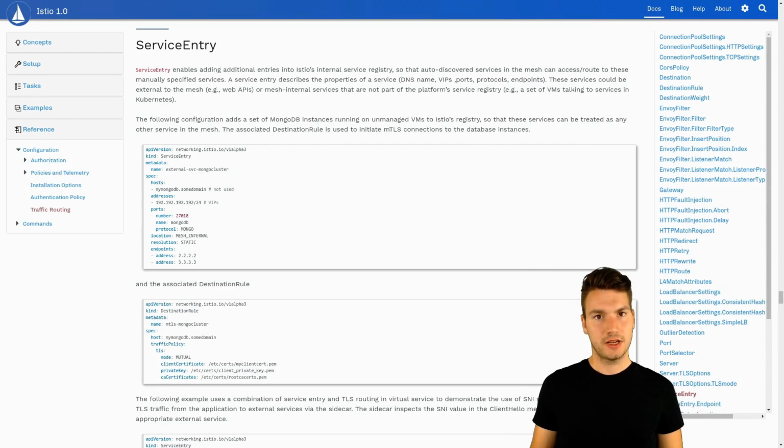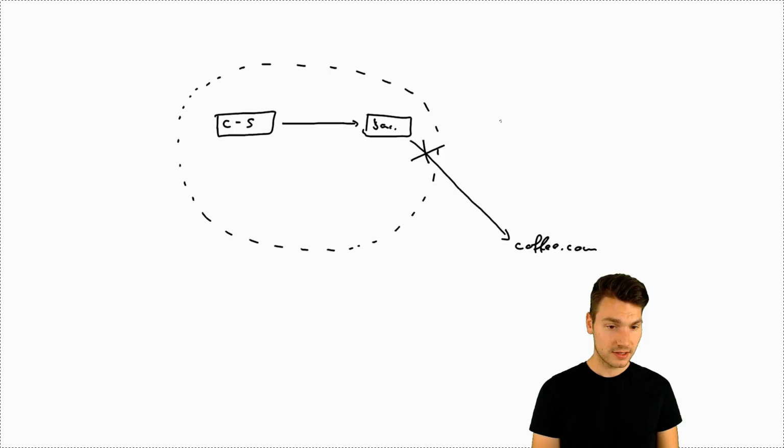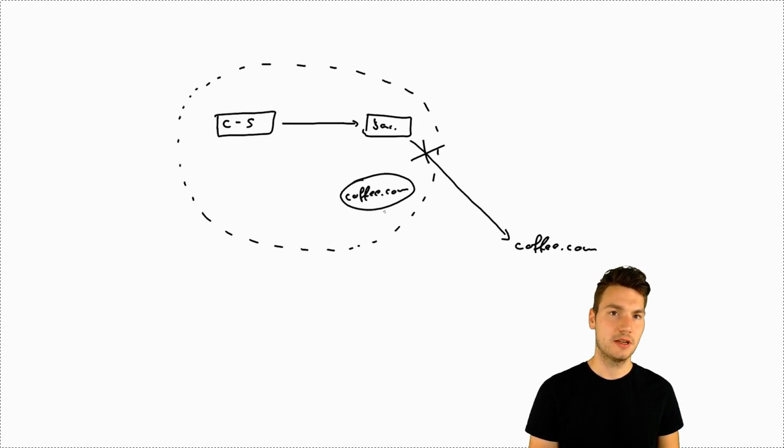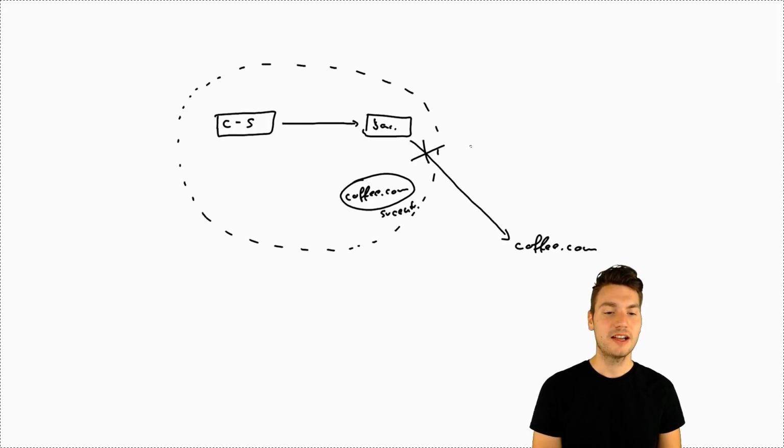But usually it's used to route to external services. So we define a resource, for example, coffee.com. That resource is of type service entry. And now it actually works that we route with our proxies to coffee.com, to an external service. So that already would work.